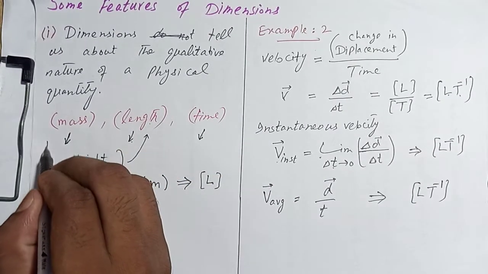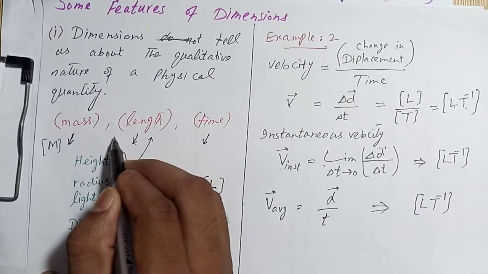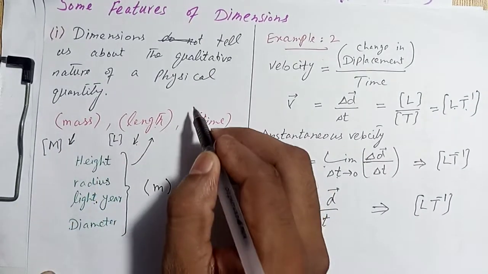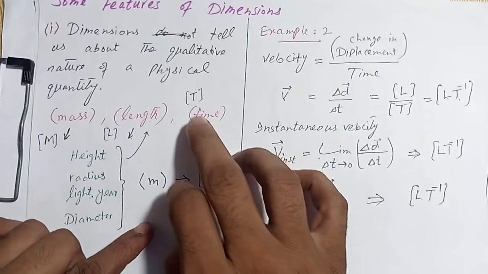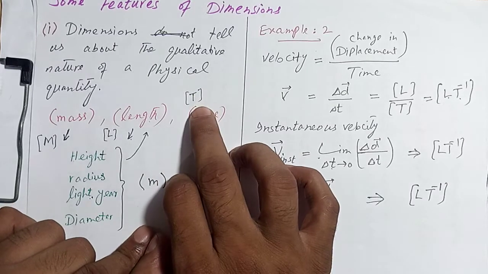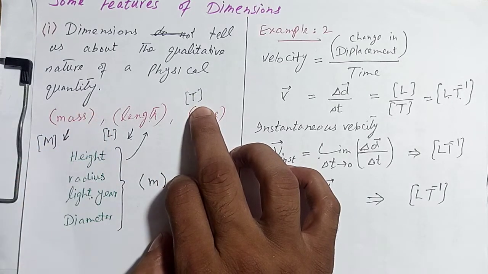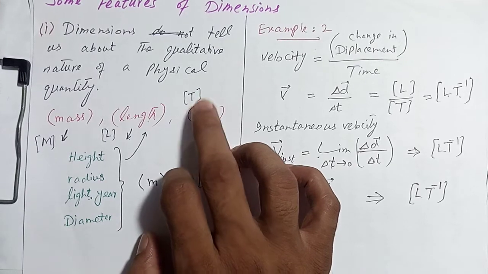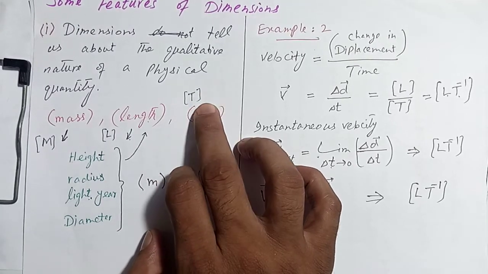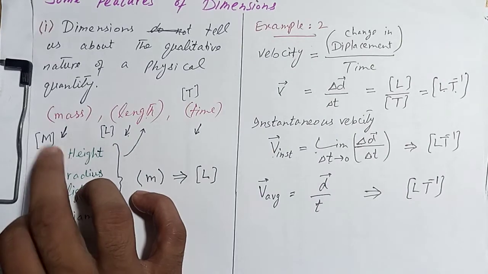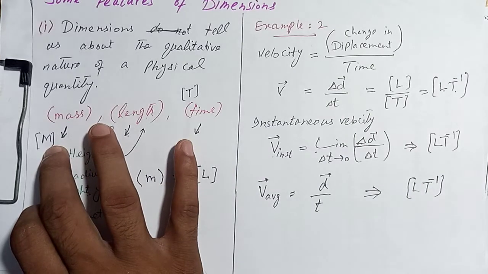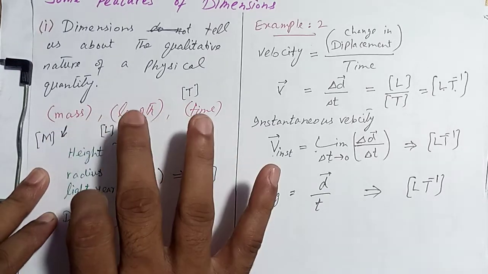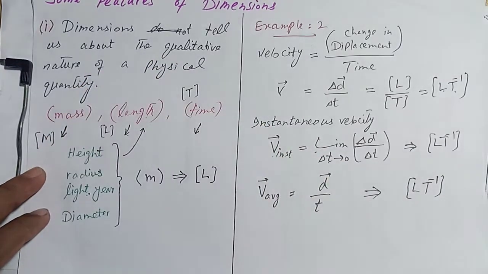So dimension of mass is written as capital M, dimension of length is written as capital L, and dimension of time is written as capital T. Whenever we see capital T written within square bracket, we can easily understand that it is about time. When we see capital M written in square bracket, we can easily guess that this is representing a quantity named mass. So dimensions tell us about the nature of a quantity.